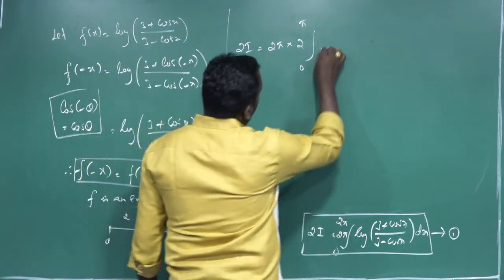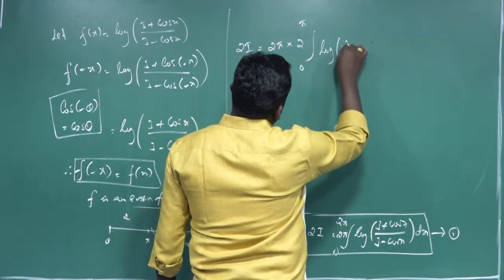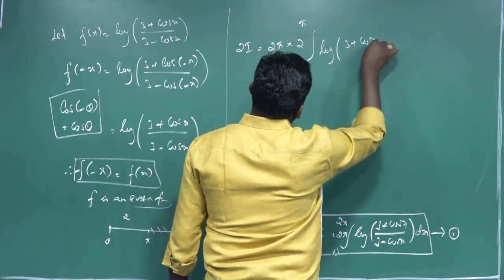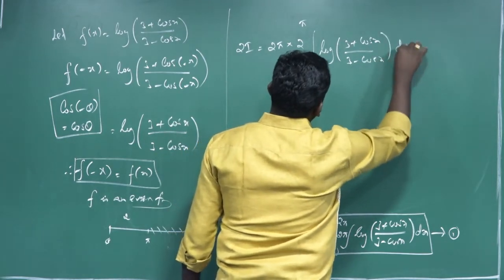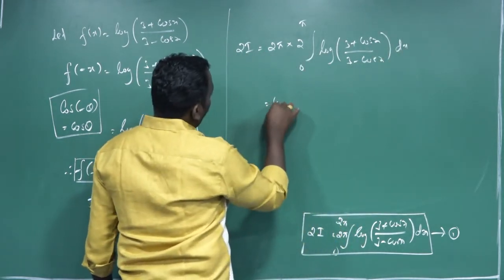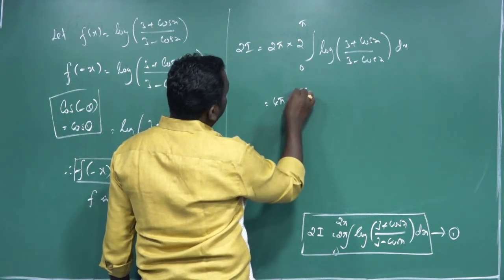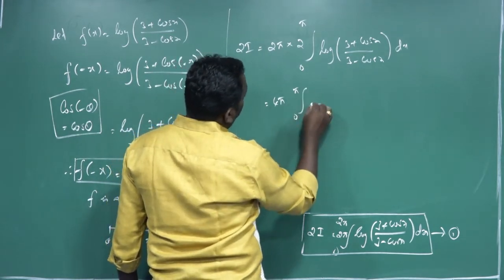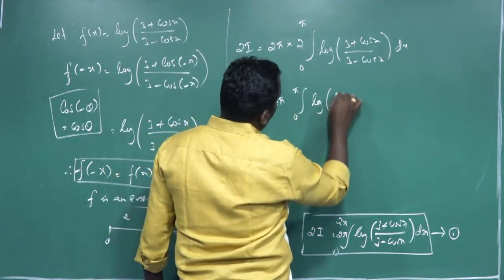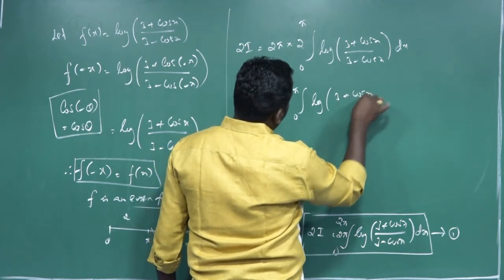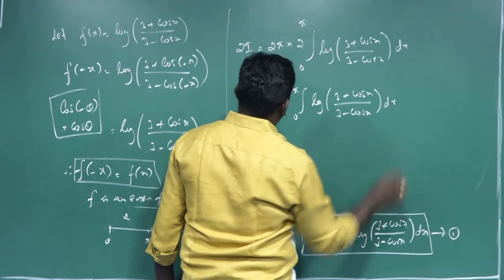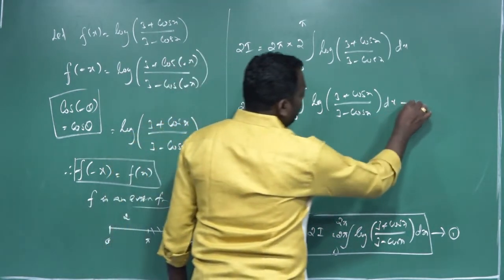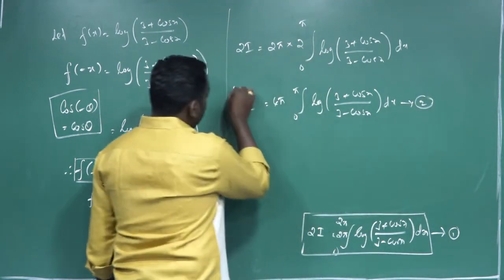Now the function is log of (3 plus cos x) by (3 minus cos x) into dx as it is. Now multiply, the value is 4 pi integral 0 to pi of log of (3 plus cos x) by (3 minus cos x) into dx. Now we consider this equation as equation 2.